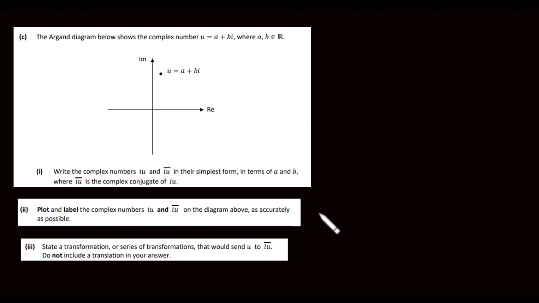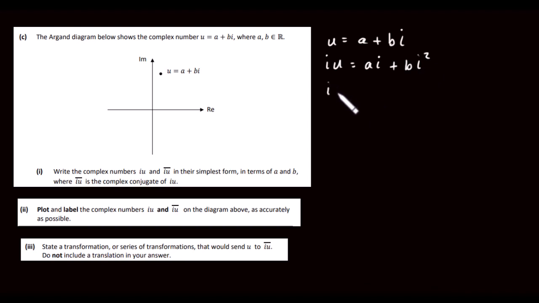Okay. So we have u here is equal to a plus bi. We want i times u. So that's going to be ai plus bi squared when you multiply each of those by i.